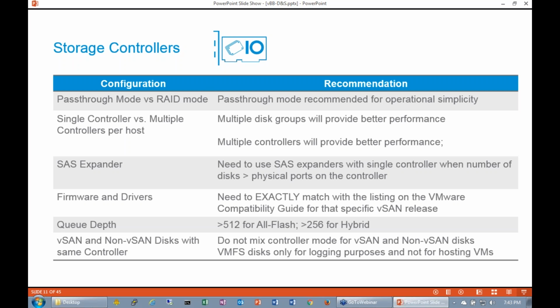And the interesting thing about these cards is they're 12G cards, but they're not supported in JBOD or pass-through mode if I'm using an all-flash configuration. If I'm using an all-flash configuration, I have to individually present each of my devices as though they're a RAID 0 device. So in other words, RAID mode. But if I'm using hybrid, because I don't have as high of a queue depth requirement, I can present them as pass-through.